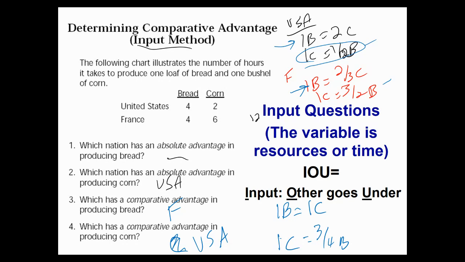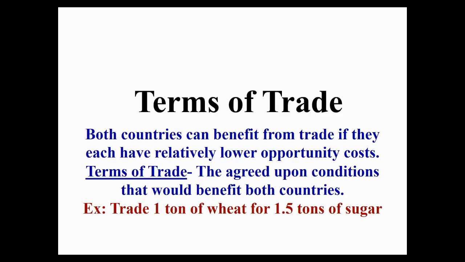But this is what negotiation is. This is why countries negotiate trade deals to try to get more trade favorable for them. They're not so worried about being favorable for the other country, and that's why foreign policy is a big deal. Okay. So we're always looking at terms of trade.